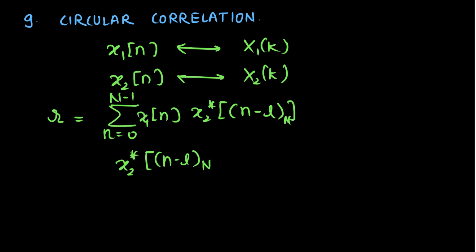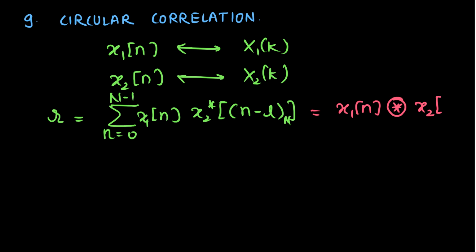Moreover, if we observe this equation carefully, this can be written as x1 of n circularly convolved with x2 conjugate of the flipped version, that is minus n modulo N. So it can be considered as the circular convolution of these two signals, and we know that x1 of n has DFT X1 of k.